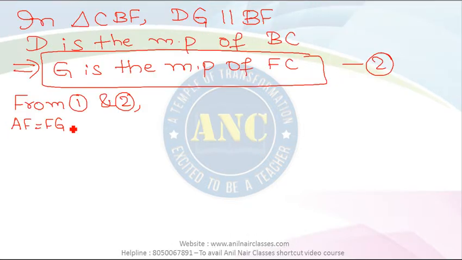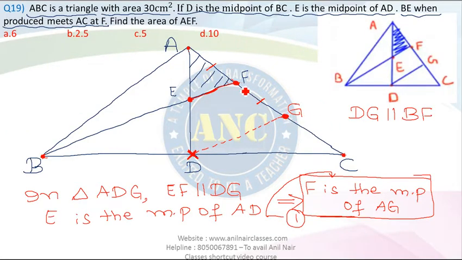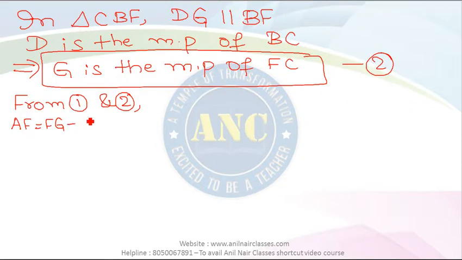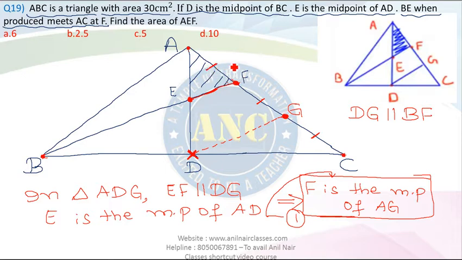Second equation says G is the midpoint of FC. That means FG will be equal to GC, right? So AF, FG, GC are all absolutely equal.